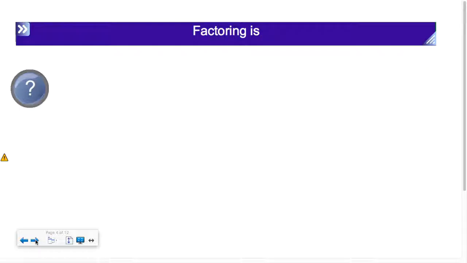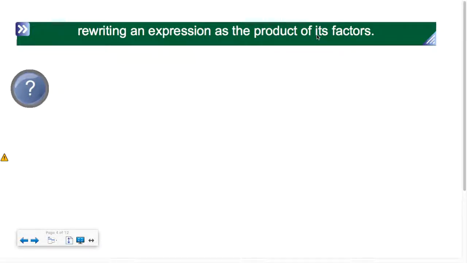By definition, factoring is rewriting an expression as the product of its factors. What goes with product?